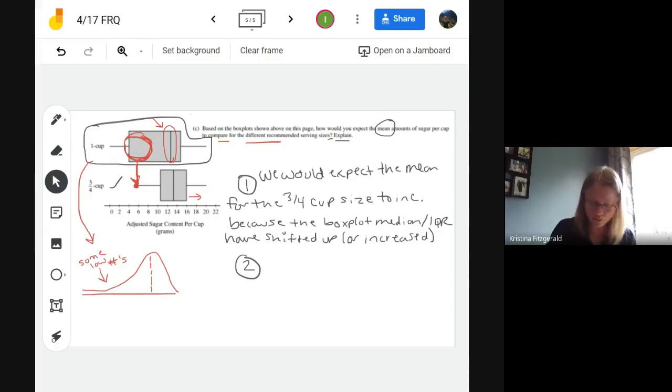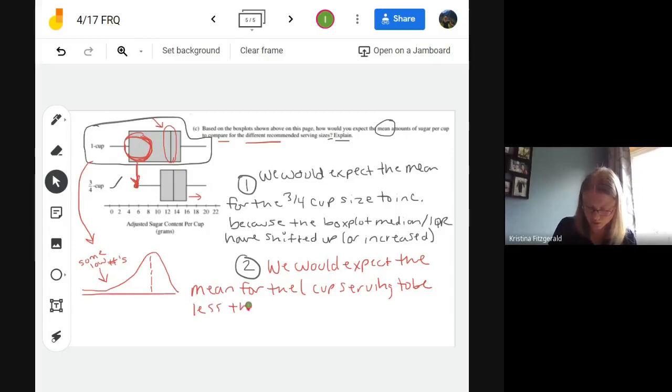So we would also expect the mean for the 1 cup serving to be less than the 3/4 cup, because we have a possible left skew.